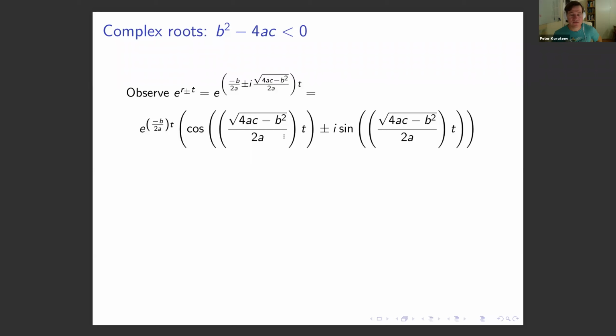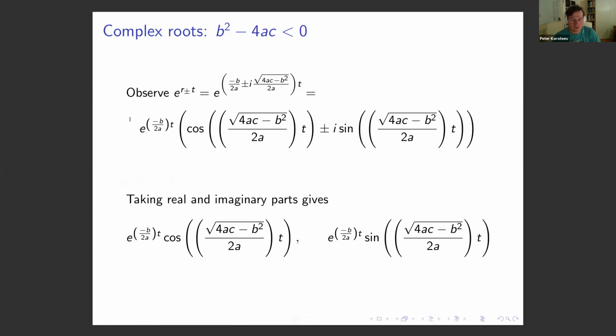And then, using the formula of calculus, we write it as cosine of this function plus minus i times sine of this function, and everything multiplied by this real valued exponential e to the negative b over 2a times t. And so clearly, this first expression with the cosine will be the real part, and the second expression with the sine function will be the imaginary part.